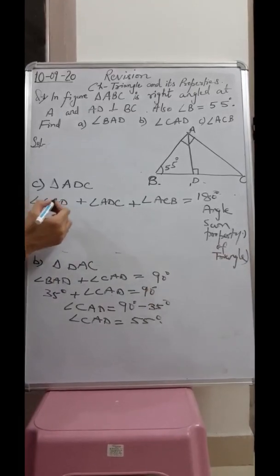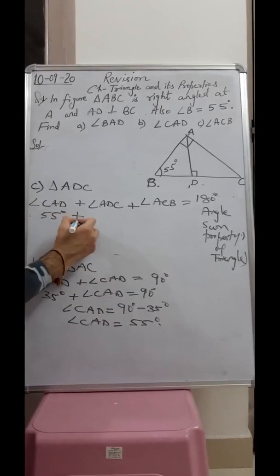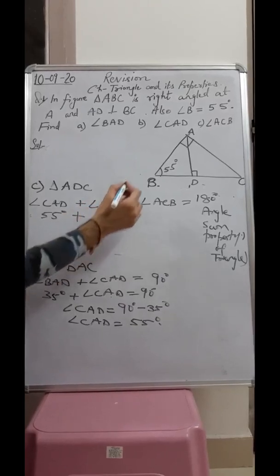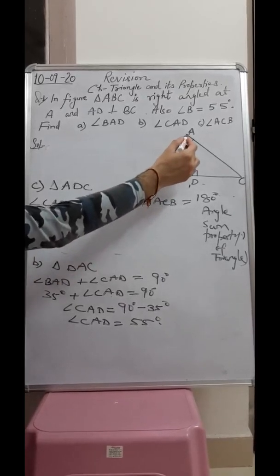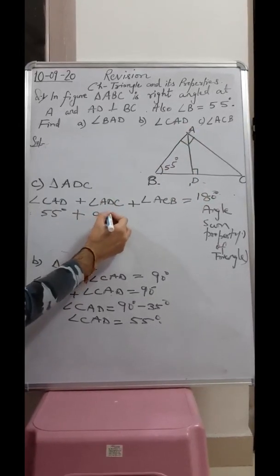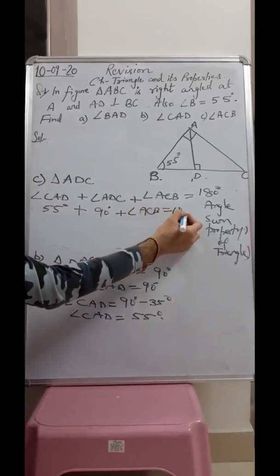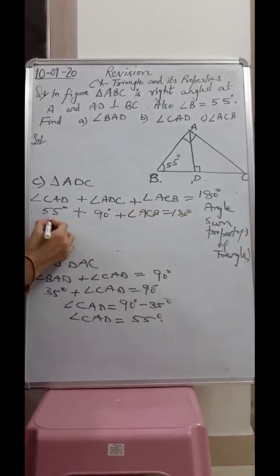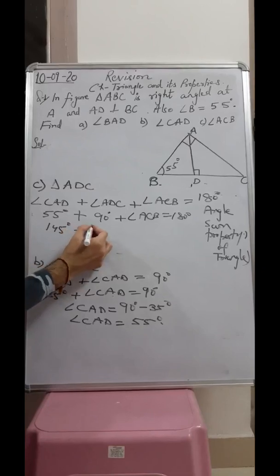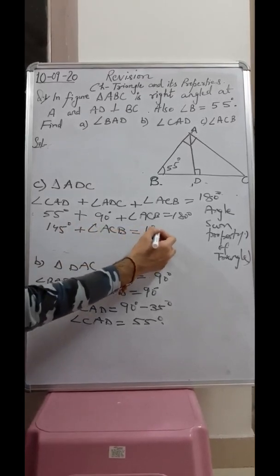So here angle CAD is 55 degree plus angle ADC. This is a perpendicular, so this will make an angle of 90 degree, plus angle ACB we have to find out, equal to 180 degree. These two give you 145 degree plus angle ACB equal to 180 degree.